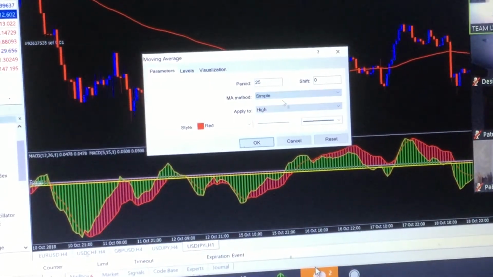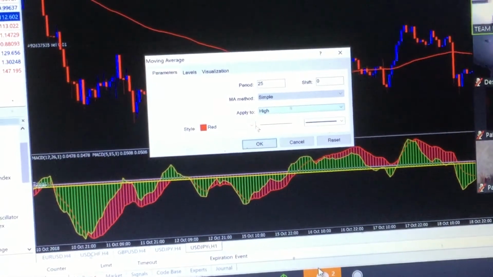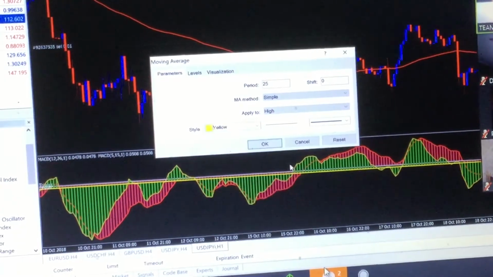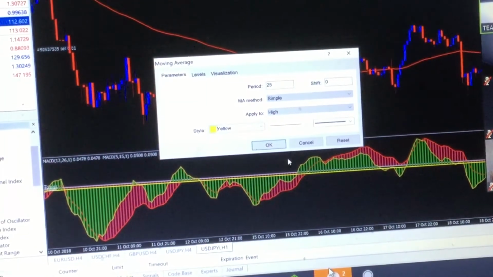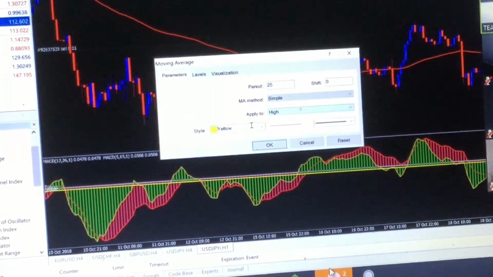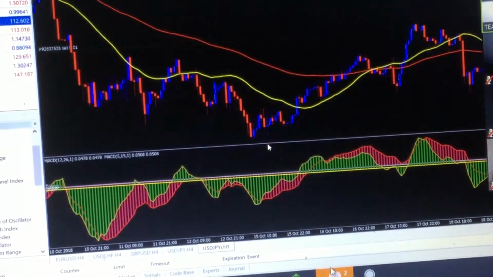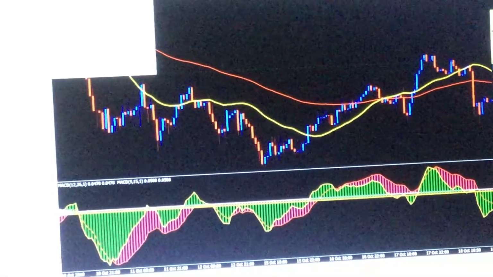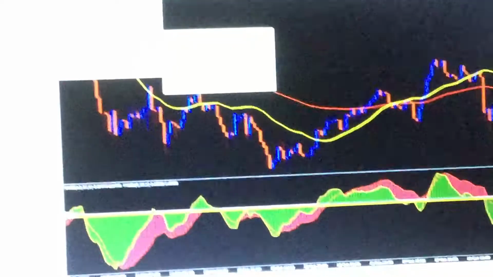Simple. High. Yellow. 25. Simple. High. Yellow. Okay. Insert indicator. Trend, moving average.